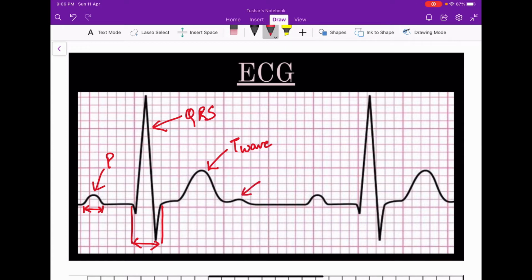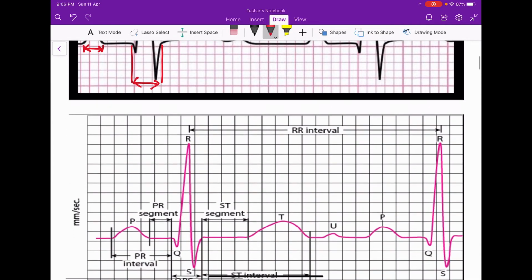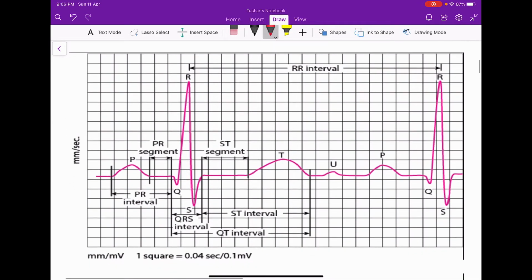Sometimes you even see a U wave. We'll come to that later, but in this image you will see in detail that there is a P wave here. This is called the PR interval. This is called the PR segment.